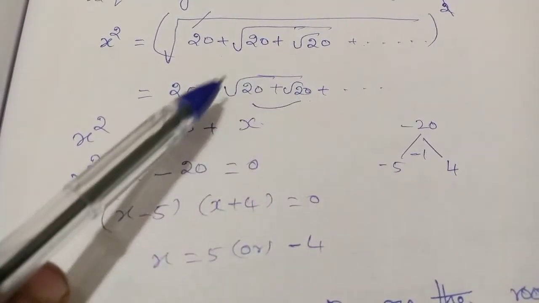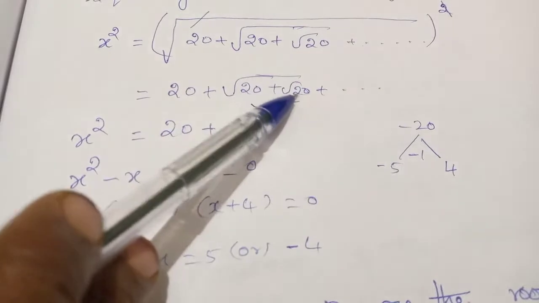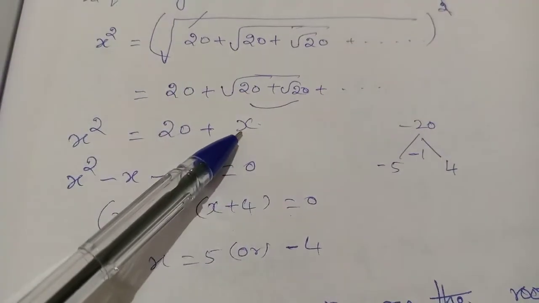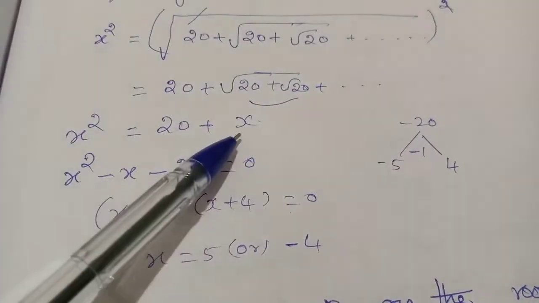Why? The square root of 20 plus square root of 20 plus square root of 20 etc. we have considered as x. So in place of this we can use x.